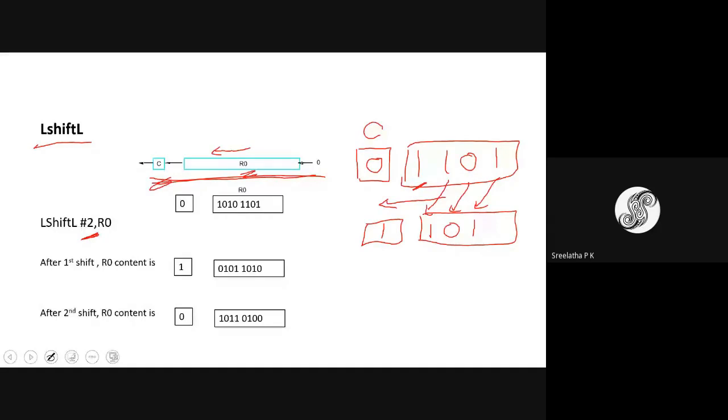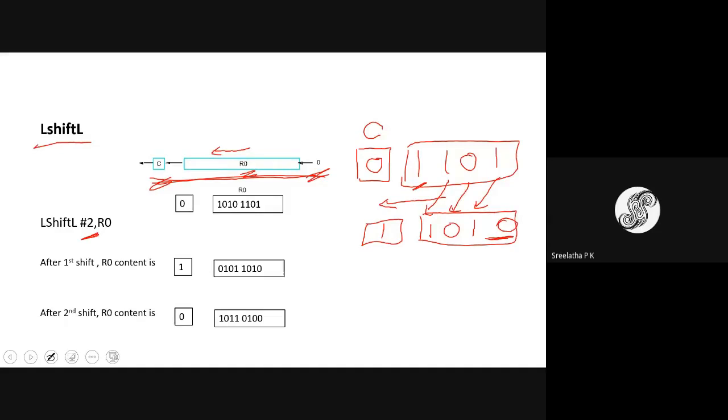There is a free bit space, so in that position, 0 is added. You can see in the diagram, 0 is added to the least significant bit position.